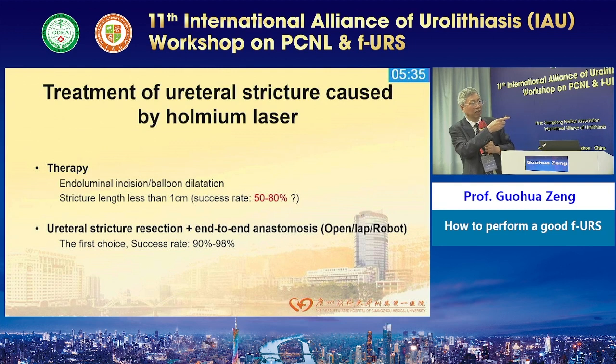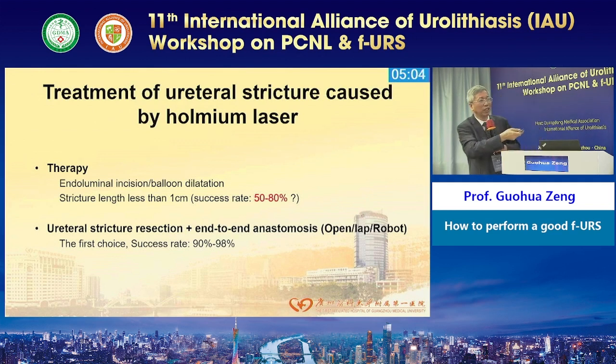I think in the luminal balloon dilation for less than 1 centimeter, the success rate is up to 18%. Impossible. For this laser injury ureter stricture, for this balloon dilator, I think 85% fail, not 5.